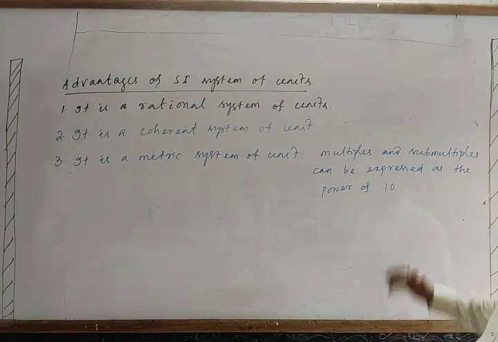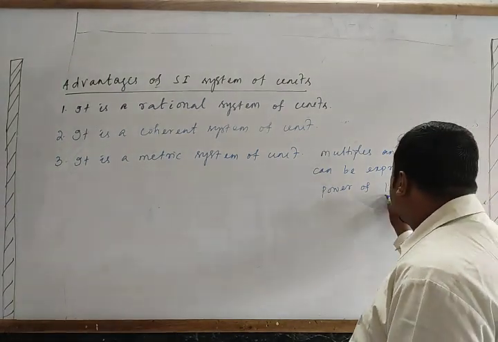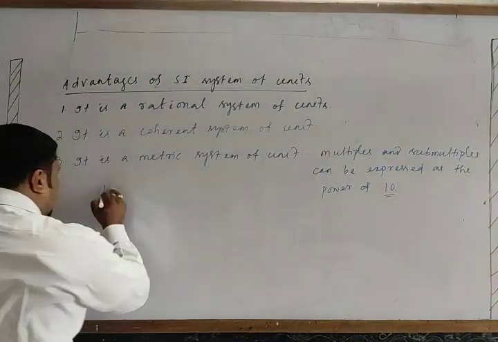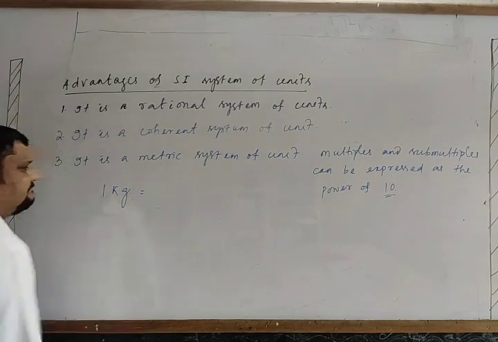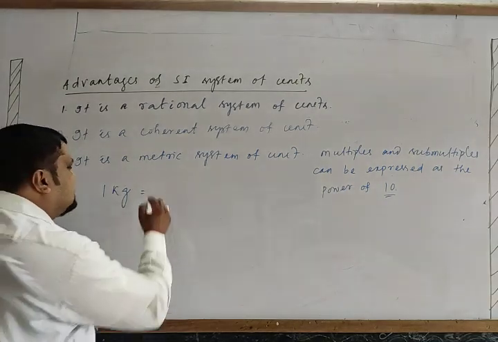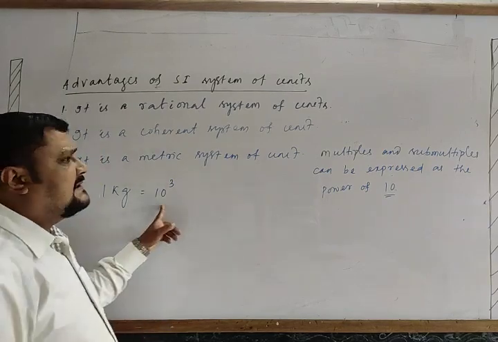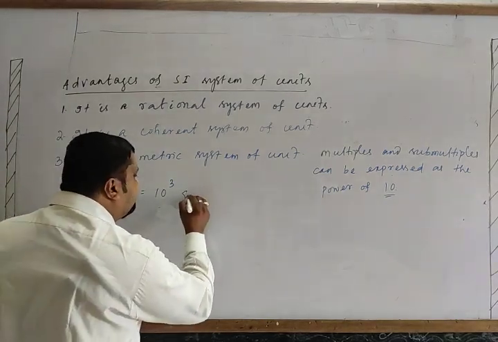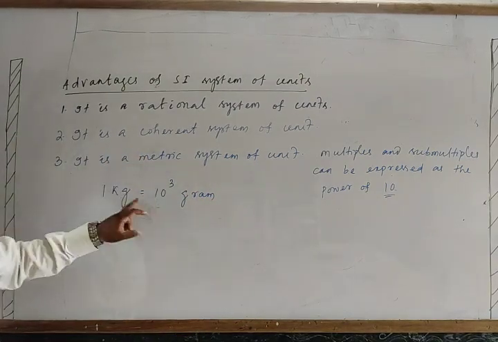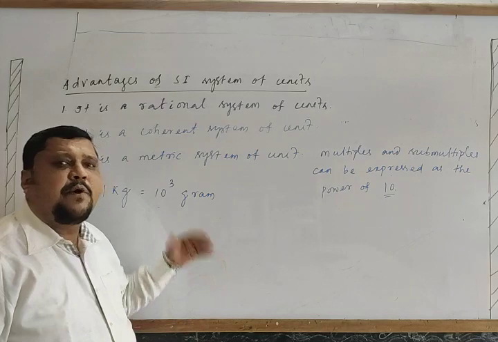A metric system means the multiple and submultiple can be expressed as a power of 10. Suppose I ask you about 1 kilogram. I can write 1 kg as 10 to the power 3 gram, that is a multiple of gram.